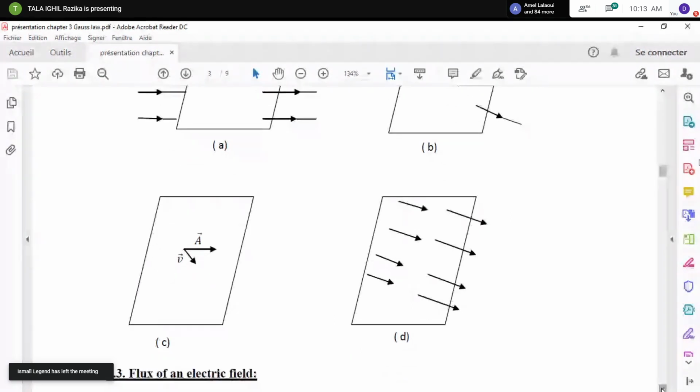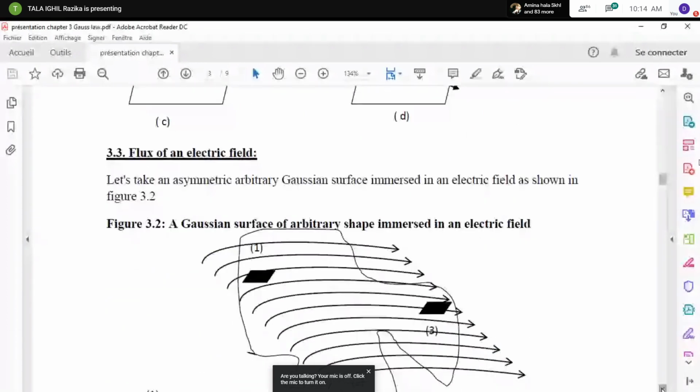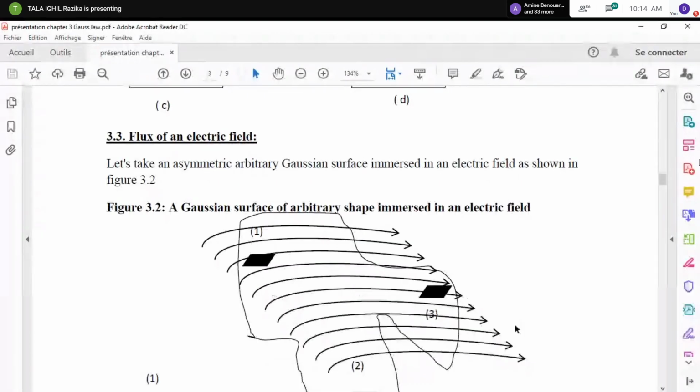You remark here. So for the flux of an electric field, we take a random surface, and we take a small surface dA as element. The idea of symmetry due to Gauss law is to consider that if you divide your closed surface into small parts, in these small parts, we can consider without error that the electric field is constant.